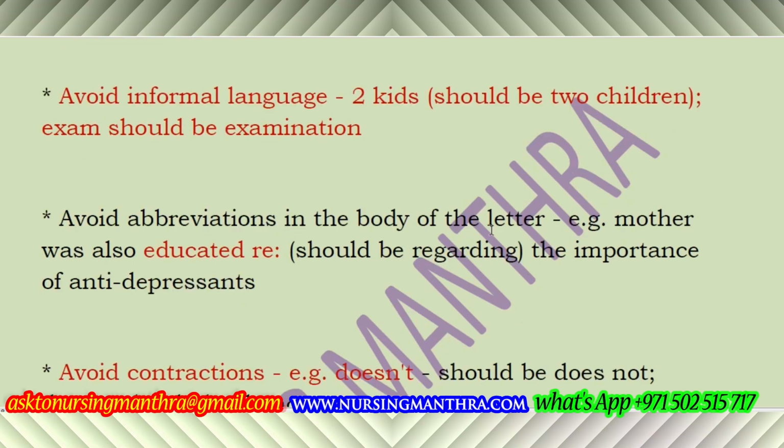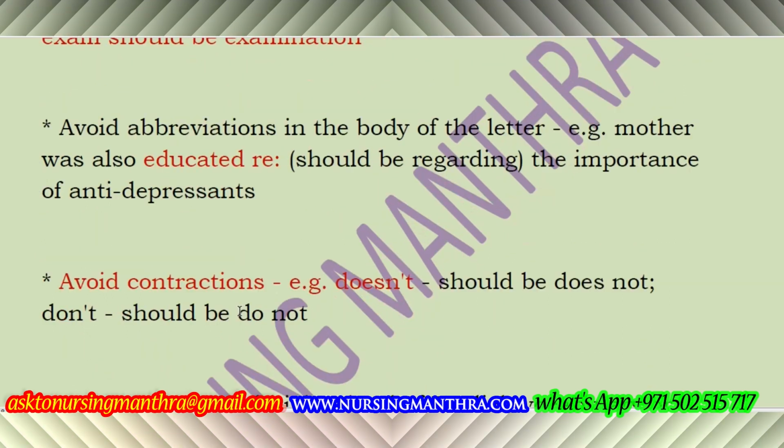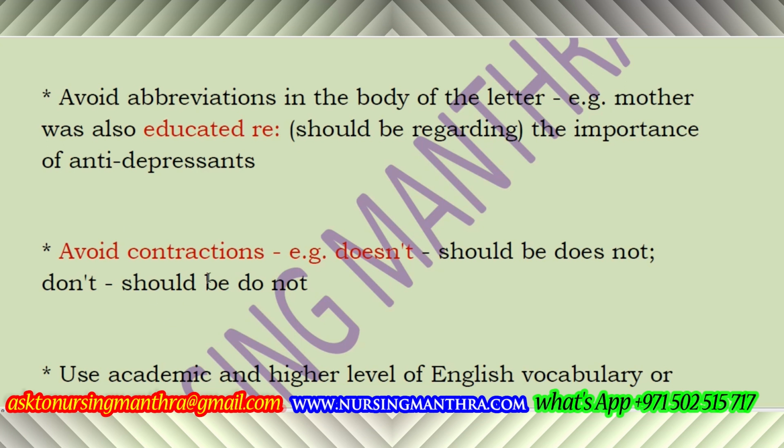Avoid abbreviations in the body of the letter. For example, Mother was also educated re colon. This is an abbreviation used here. You should not use abbreviations. It should be regarding the importance of antidepressants. You should not use contractions. Avoid contractions.